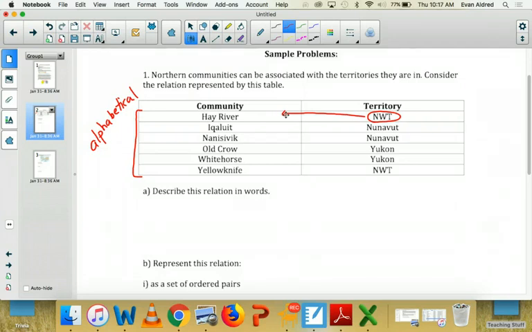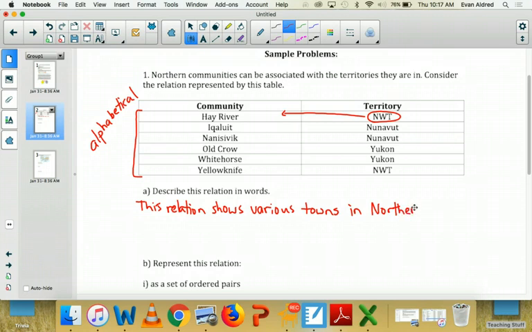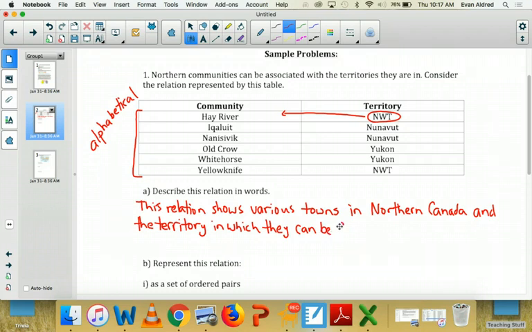So if we're describing this relation in words, we would say something like, this relation shows various towns in northern Canada and the territory in which they can be found.